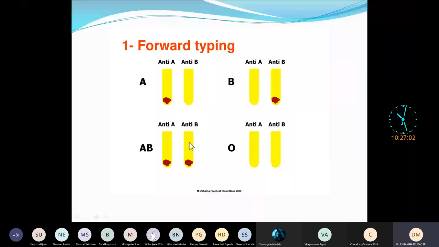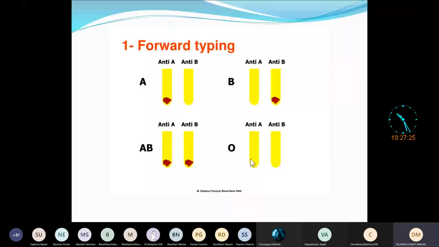Now in case of the last one where O is written, there is no clumping, isn't it? So there is no agglutination of the blood, RBCs. So that's why it becomes the blood group O. Clear? This is simple. I hope you understood.